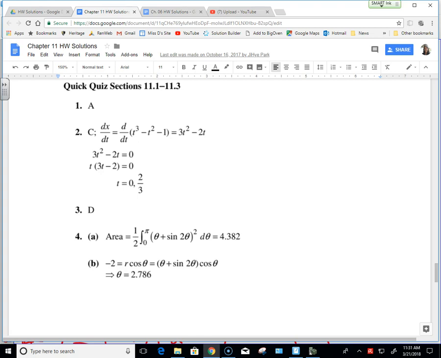So these radii are going to have a range of 0 to 4. It's never going to go negative, so I know no inner loop. I'm going to go ahead and add on a few radii just to be prepared. But when I plug in 0, cosine is 1. That's the lowest. So actually this function starts right here.